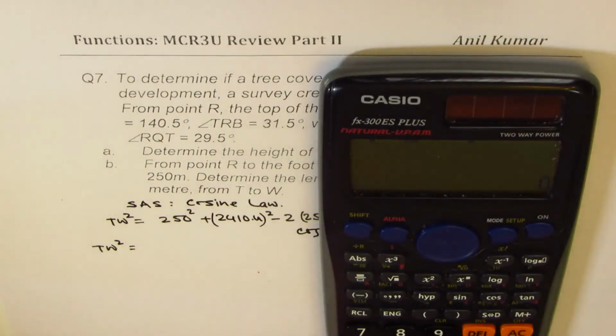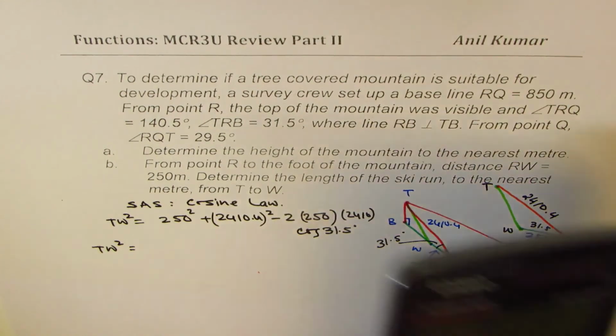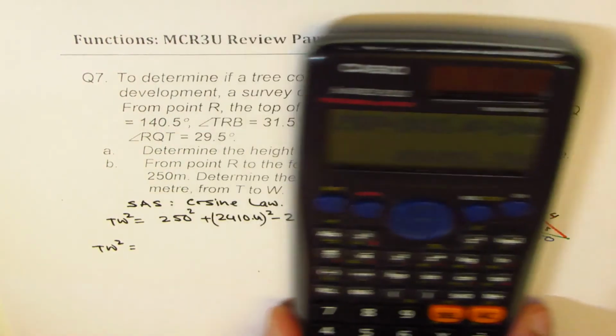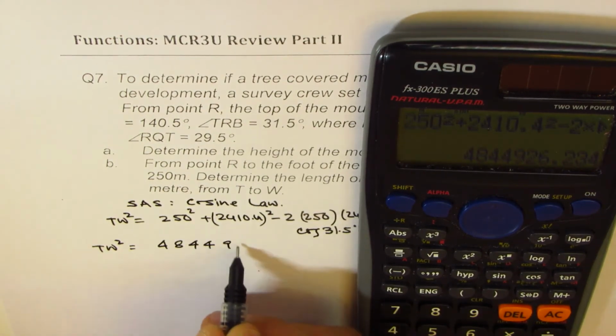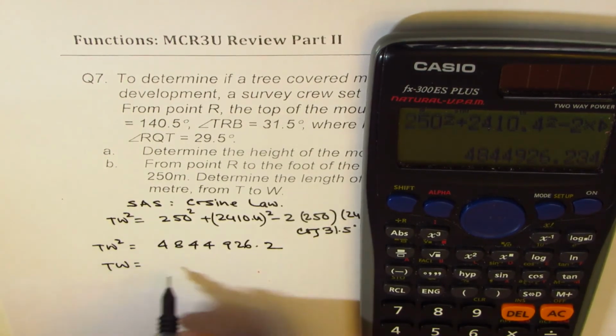We get 4844926.2. TW is the square root of this.